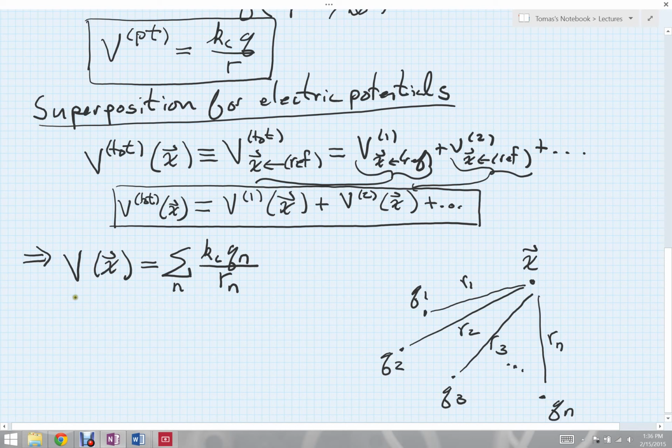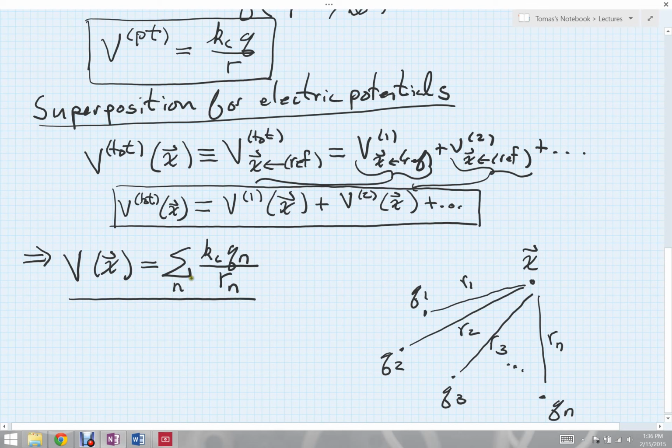Now that's a very nice handy formula, because this is actually a lot easier than computing electric fields. To compute an electric field, remember we have this r hat over r squared, or we have to go to the Cartesian. We can either use that trig form, or we can go to the Cartesian form where I have to do vector subtractions. All of that is gone now. Things are much simpler because potential, it turns out, is just a scalar. So this is going to be a much easier calculation than the electric field.